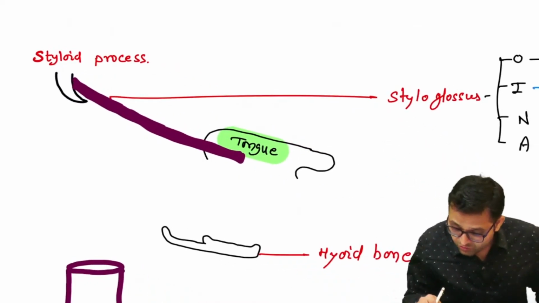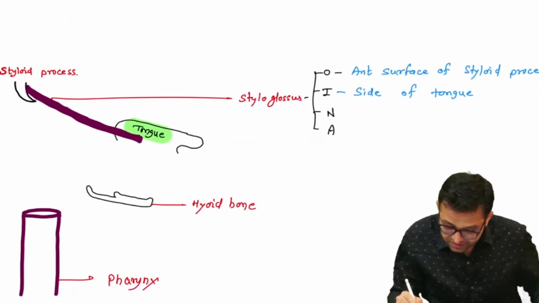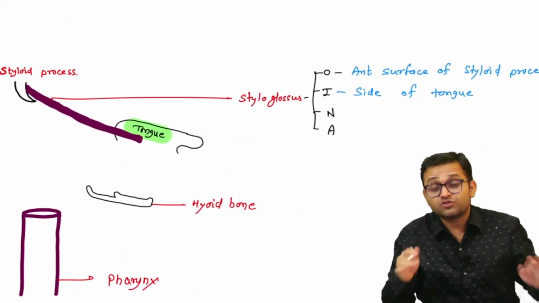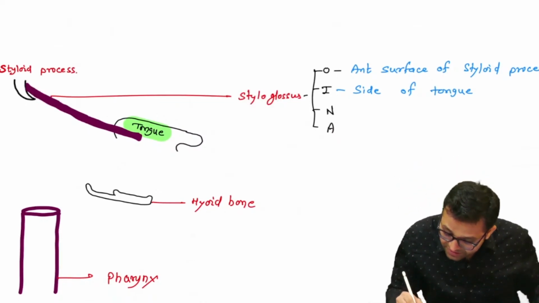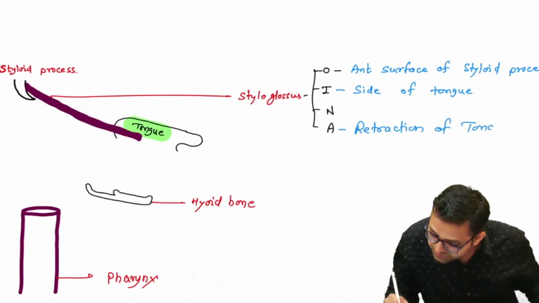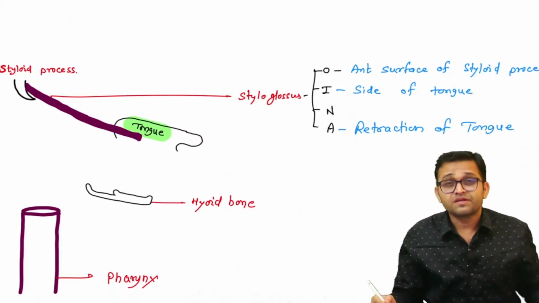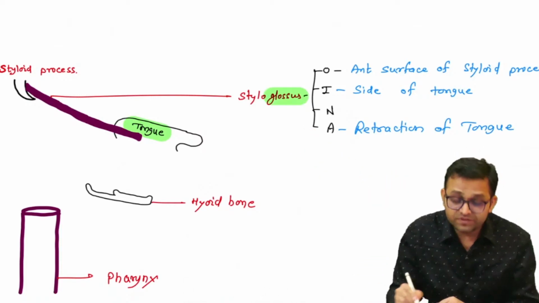Forward movement is known as protraction, backward movement is known as retraction. It is responsible for the retraction of the tongue.